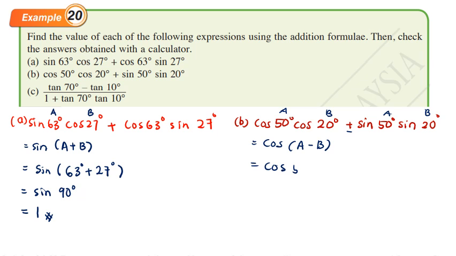Cos A is 50 minus 20. So cos 30. So this one is a special angle. So we know that cos 30 is actually square root of 3 over 2. If you don't remember the special angle for cos 30, you can write in decimal.